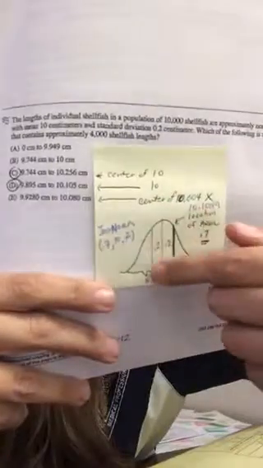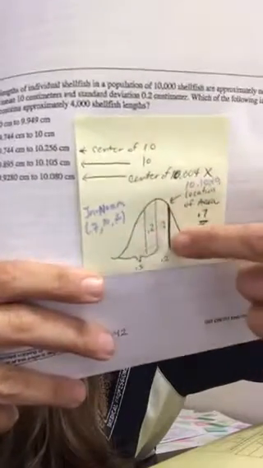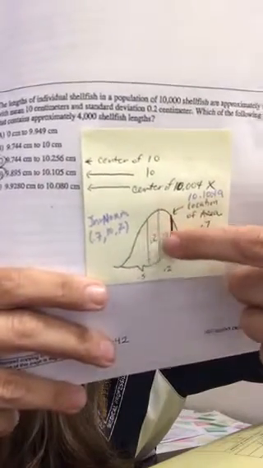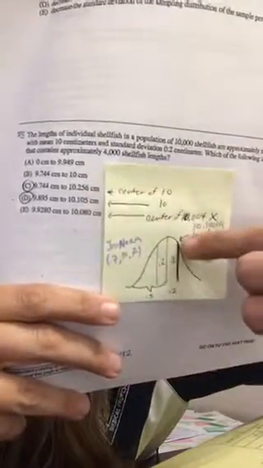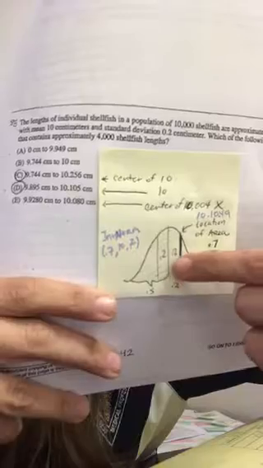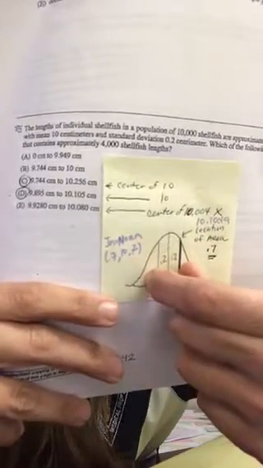If 4,000 of them fell within this range, you'd assume it would be right here, right? 40% would fall within this range, and you're trying to find out what number that would be here. Again, 40% fall within this range, and you're trying to figure out which number falls there. So that would be 20% to the left and the right. So you're looking at the inner 4,000 out of a total of 10,000.